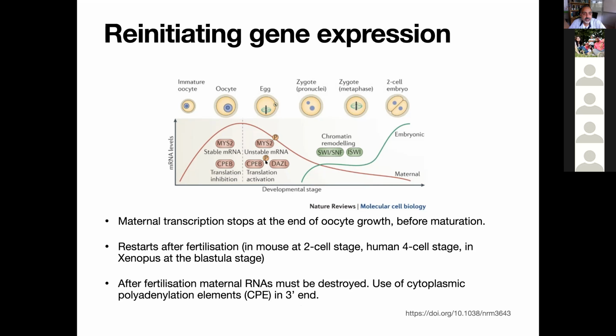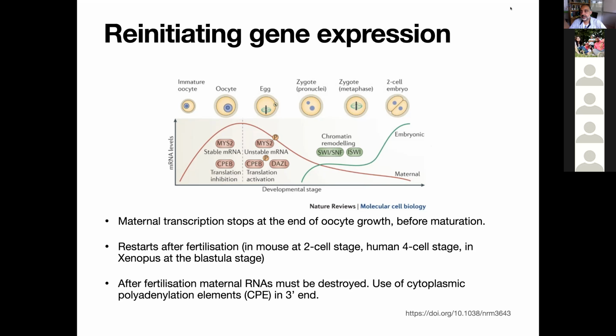These act as control elements for particular proteins that are activated upon fertilization, which will then destroy maternal RNAs. At the same time, there's a particular chromatin remodeling event happening that uses the SWI/SNF complex, and this opens up the now zygotic genome for transcriptional activation.